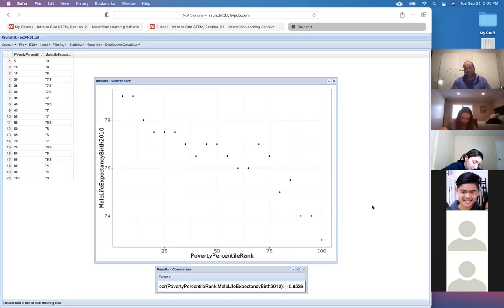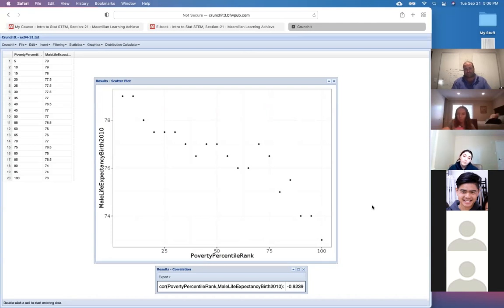If you get an R squared value of 1, then all of your data falls exactly perfectly on a line. So close to 1 is strong. Close to 0 is weak. Our R squared value is 0.85, which is fairly strong.